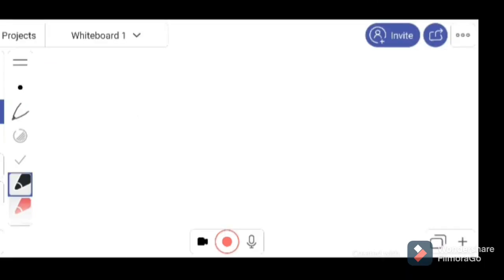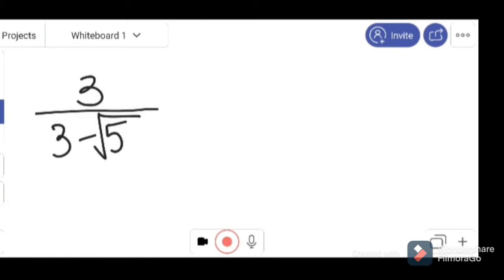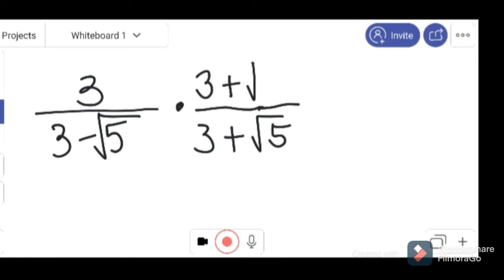This time, we are going to use conjugate of a radical expression. 3 over 3 minus square root of 5. First, we rationalize by multiplying the conjugate of the denominator, which is 3 plus square root of 5, both in the numerator and the denominator.